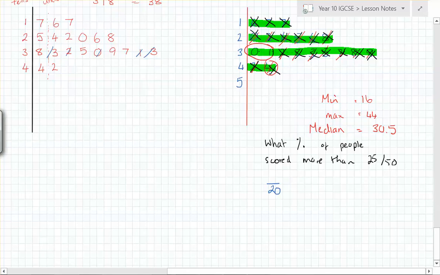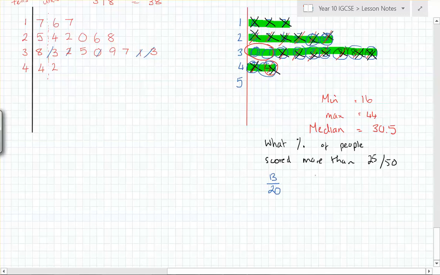So we've got 1, 2, 3, 4, 5, 6, 7, 8, 9, 10, 11, 12, 13. 13, sorry. 13 people scored more than 25. So that's 13 out of 20. So if 13 out of 20 scored more than 25, what is that as a percentage?